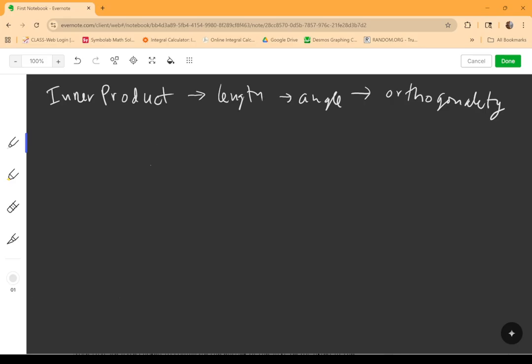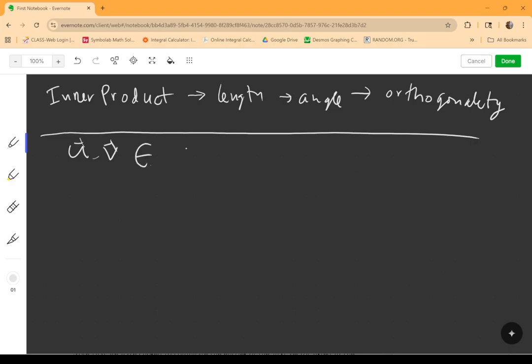One thing also, as we move along: in our textbook, the vectors u, v are usually in reference to C^n, the complex space. But for us, we want to focus on u, v in the Euclidean space, R^n.